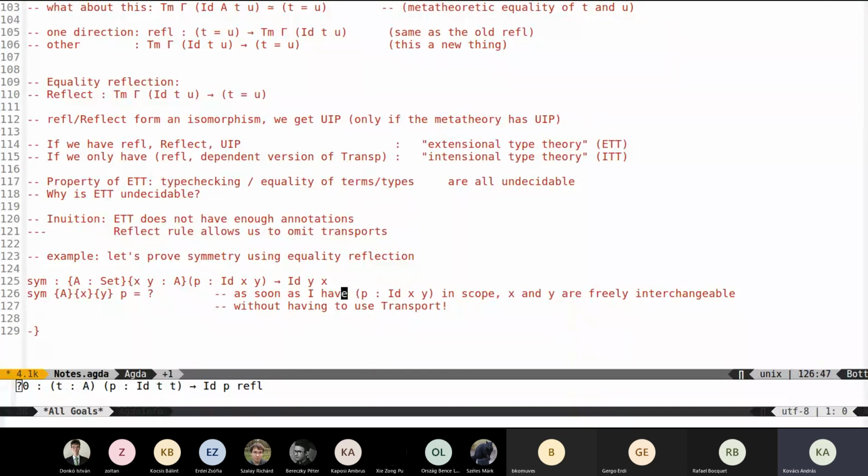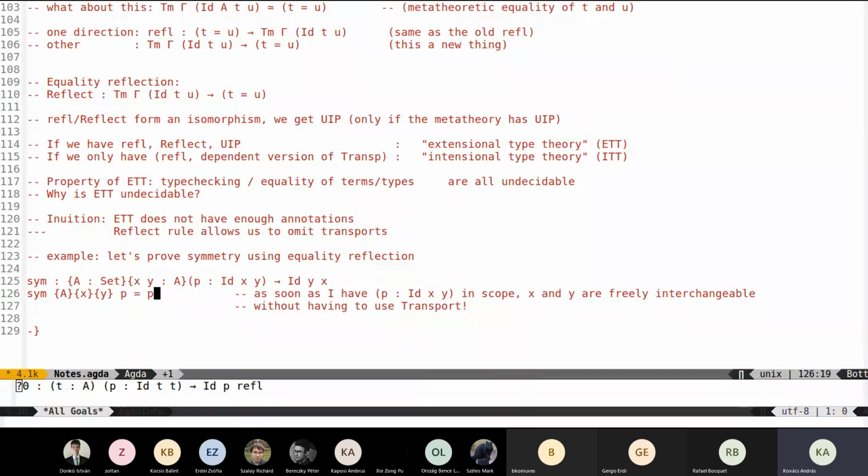So the equality reflection rule says that if there is anything in the scope which proves an equality, then the two terms are just exactly the same, because in the meta theory we have a proof that they are exactly the same terms.